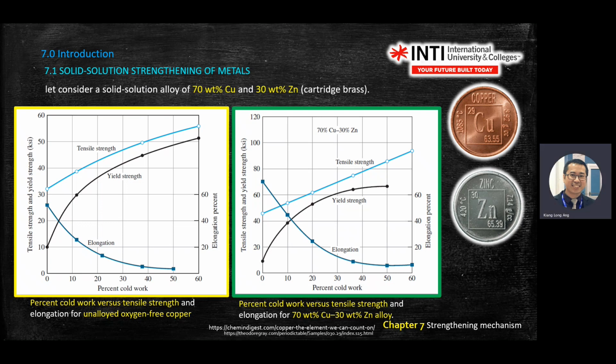Let's say you want to stay at 80% elongation. The cold work you need to do on the pure copper is 20%. But if you want to stay at 80% elongation on the alloy material, which is 70% copper plus 30% zinc, you need to do more work to get the same elongation. So in this case, on the right-hand side, the green graph, you need roughly 24-25% cold work. Only then can you get the same elongation.